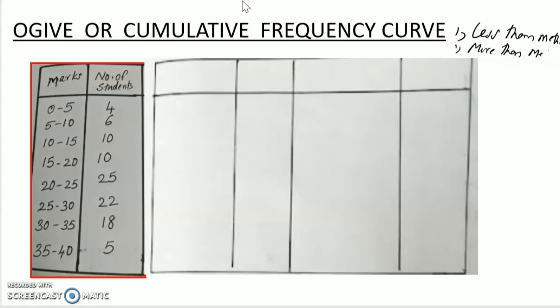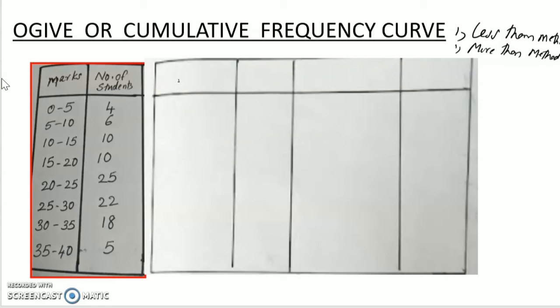The only thing we have to be careful about is constructing the table accordingly. The first one is the less than method, so we construct the table according to the less than method, and I will show you how to construct the more than method too.